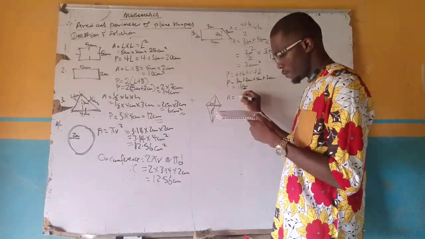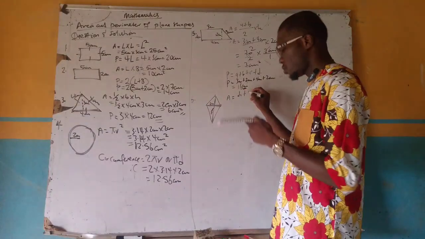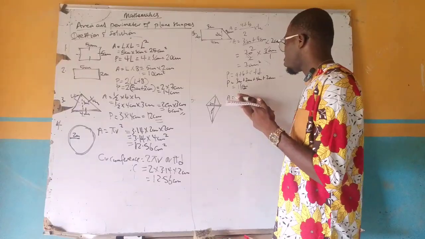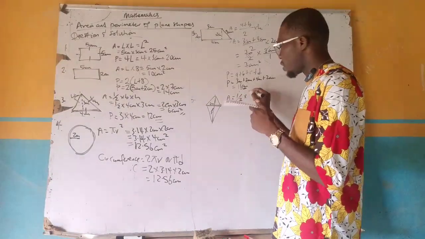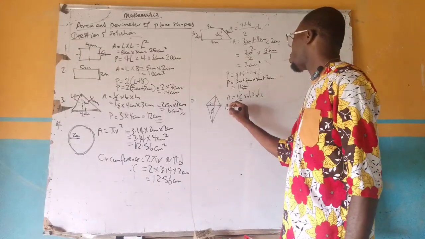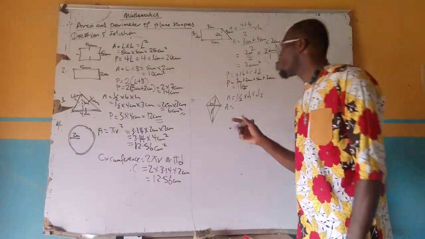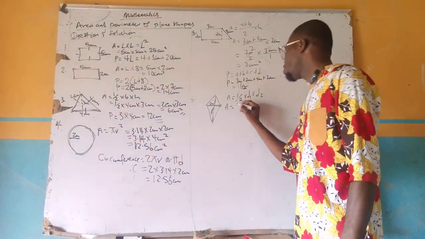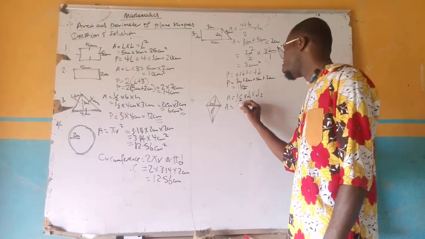The formula for this one is 1 over 2 times d1 times d2. 1 over 2 is a constant, it doesn't change, which is 0.5 in decimal.